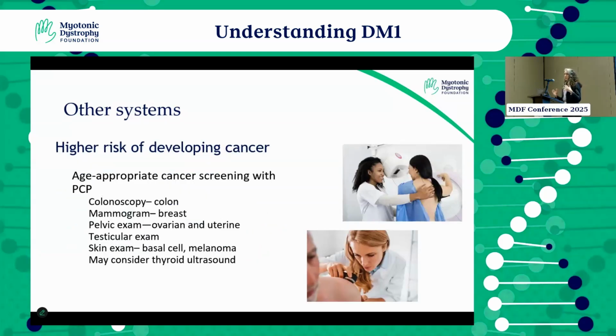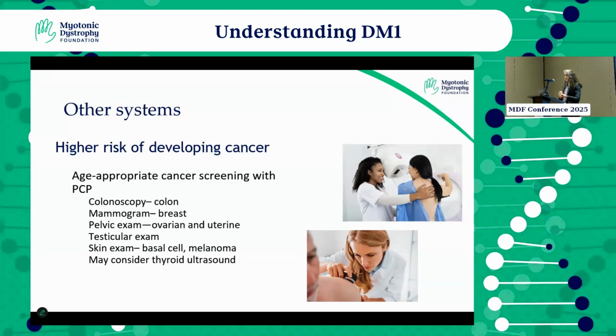There has been more research being done on looking at developing cancers within myotonic dystrophy. There does appear to be a higher risk of developing cancer, but so far, the recommendations are to stick with age-appropriate cancer screening through your primary care provider.